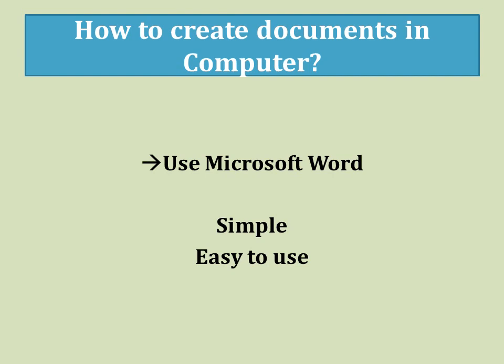There are many other programs that you can use for writing documents, but Microsoft Word is preferred for a few reasons. It is very simple to use and very user friendly. User friendly means that even children of your age can learn it very easily without facing hurdles.